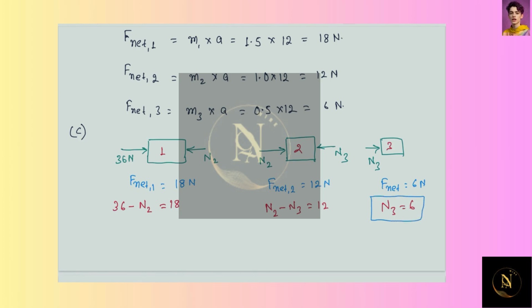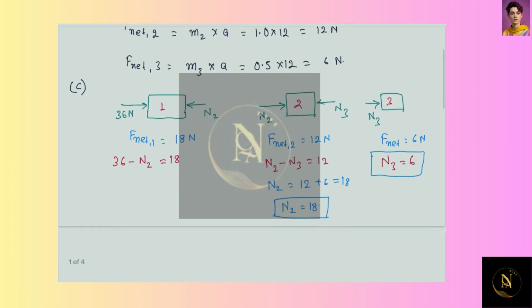So we have got the pushing force N3. Now if we put the value of N3 in the second equation, N2 equals 12 plus N3, so 12 plus 6 gives 18. Therefore N2 is equal to 18.